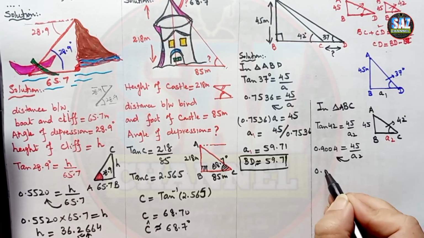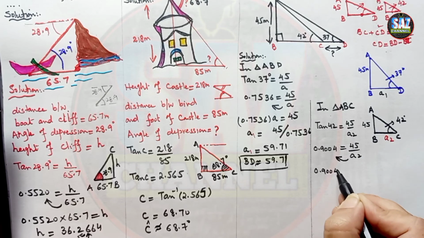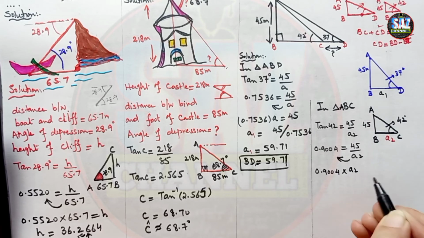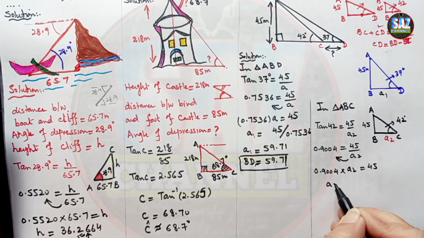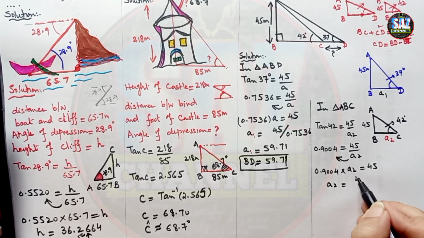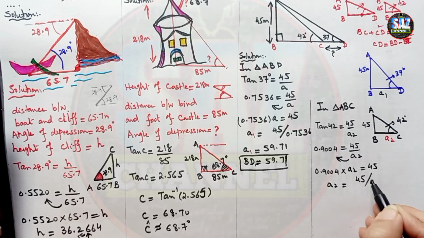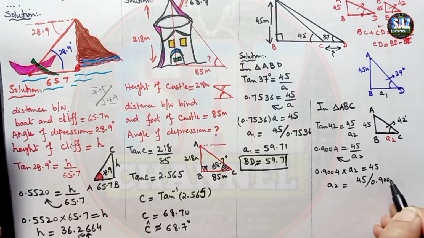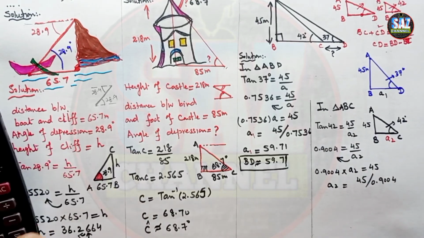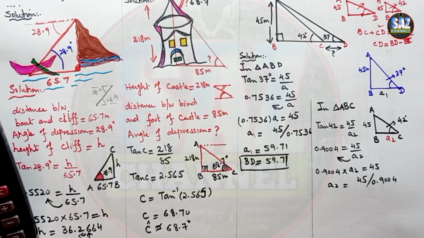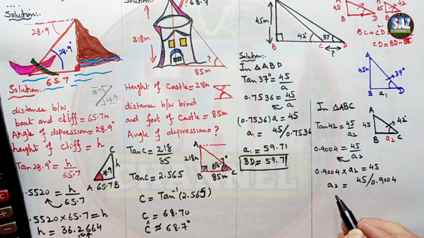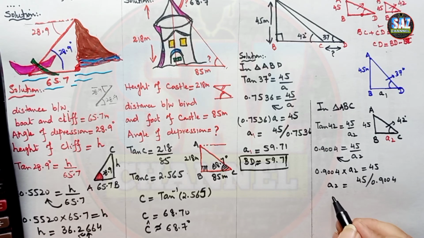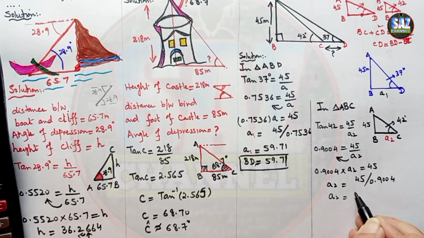Now go for cross multiplication again. If the basic algebra is clear, then the lesson of maths will not be difficult at all. A2 will equal 45 upon 0.9004. 45 divided by 0.9004 gives me 49.97.